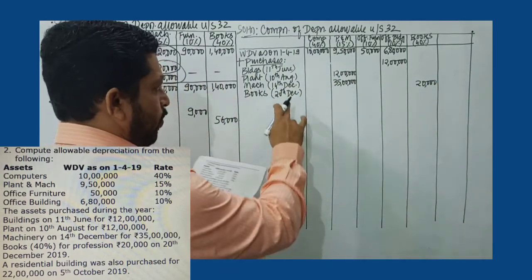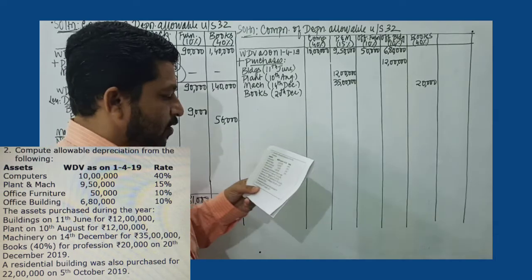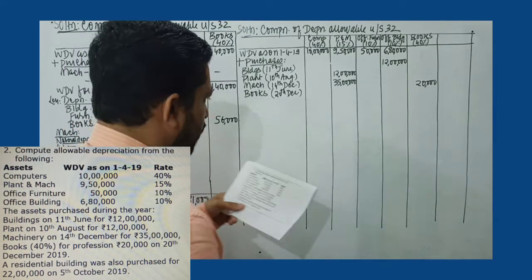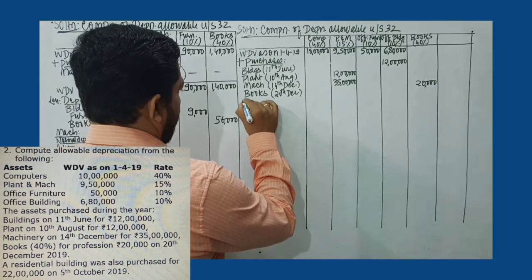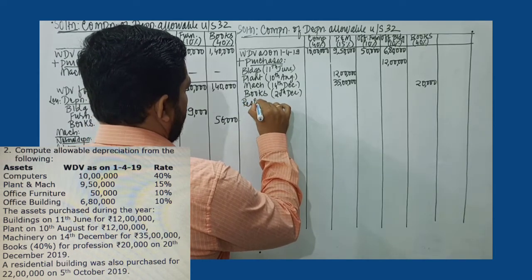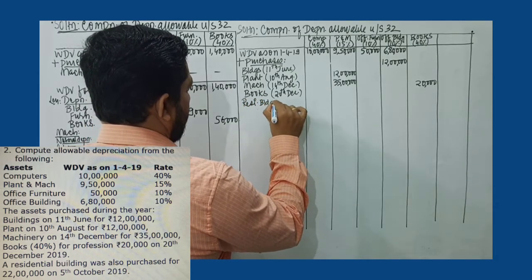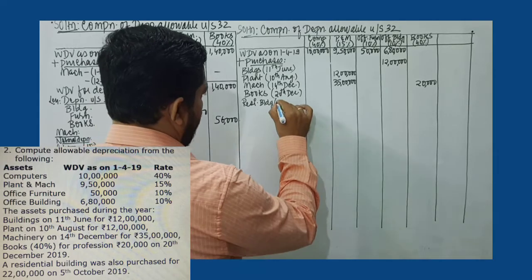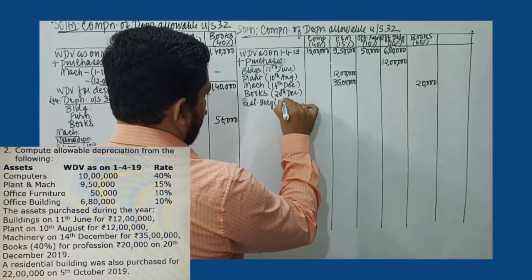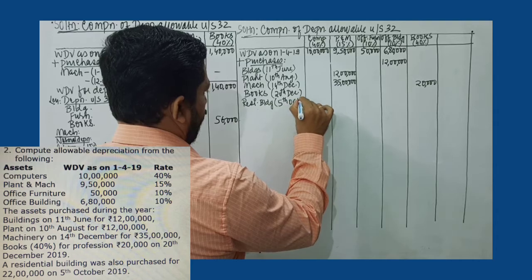on 20th December 2019. Then also residential building was purchased for rupees 22 lakhs. So I record over here residential building. Now this is again a new block, and the date of purchase is 5th of October.